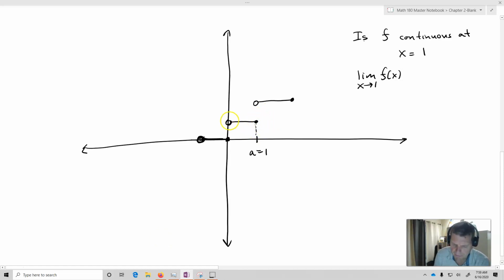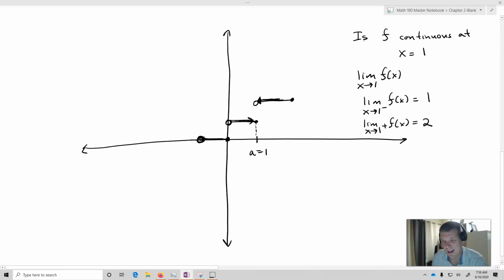Coming in from the left-hand side, it does appear to equal 1. So the limit as x approaches 1 from the negative side is equal to 1. On the other hand, if I came in from the right-hand side, the limit as x approaches 1 from the positive side of f of x equals 2. Actually, this isn't the Heaviside function. This is the greatest integer function. But nonetheless, same idea.